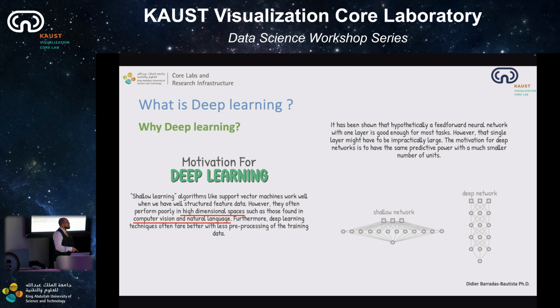But when you have high dimensional space data, and I will talk about that in a minute, what does that mean? When you have basically something that you can imagine as a string of words or an image, deep learning can be your choice. And why is it deep to start with? If you see there, we have a shallow network.